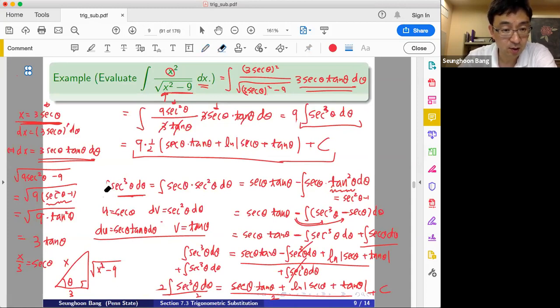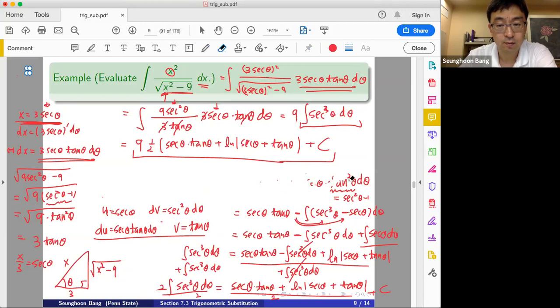But here, this portion, we erase. What's that? 9 over 2 times, what is secant theta? Secant theta is x over 3.